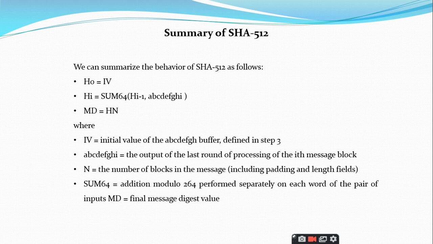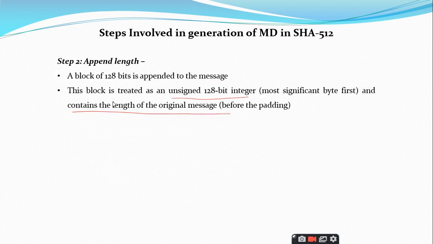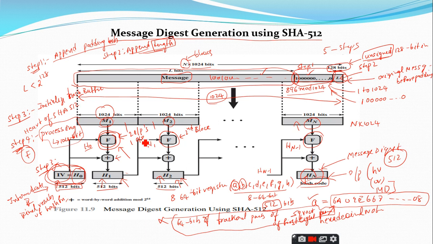So, if you can summarize SHA-512, the H0 is the initial value. You can see it in this diagram. H0 is the initial value, and how are we going to generate Hi?